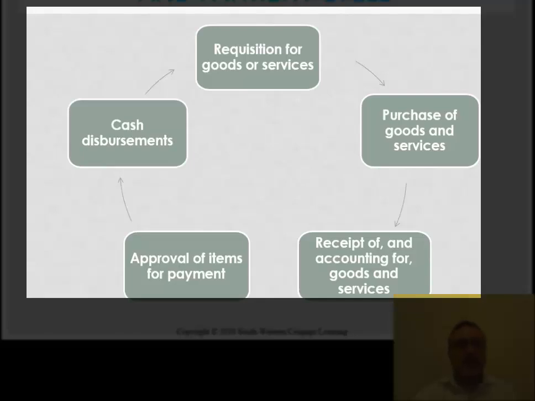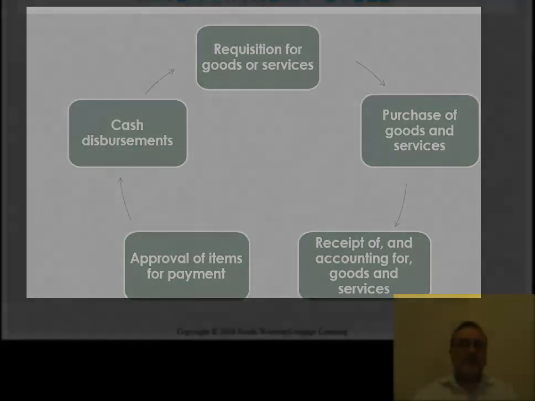Based upon this three-way match, if in fact it does match, then accounts payable approves for payment. This approval then goes to cash disbursement, where the payment is made and the voucher that's been created by accounts payable then is canceled.